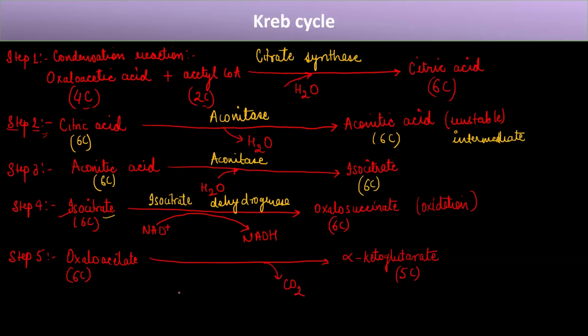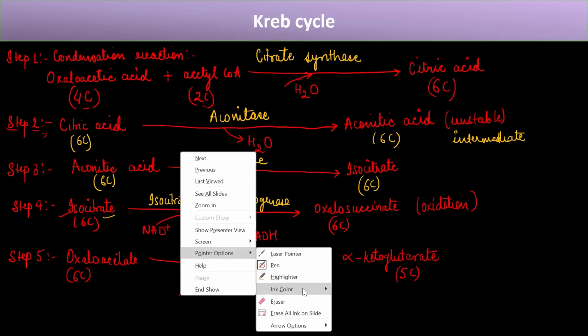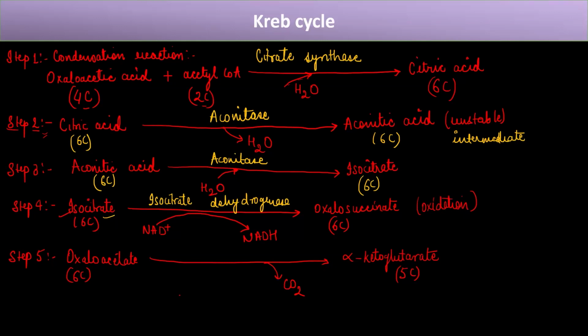Okay. And if an enzyme releases the carbon dioxide, then what is that enzyme known as? That enzyme is known as decarboxylase, right? So this enzyme is known as decarboxylase, which catalyzes this reaction.